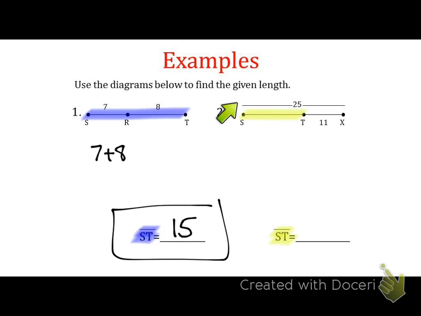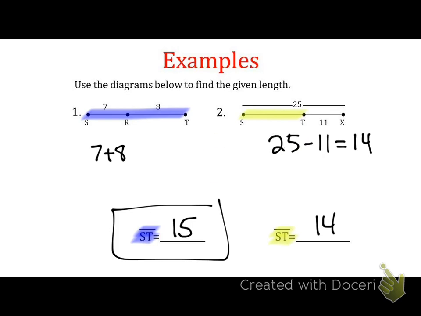Just make up numbers? No. The whole thing is 25. This little piece is 11. So how could I find this one? Subtract. The two little ones add together to give me 25, right? So I can just do it in reverse. 25 minus 11, that gives me 14. That's the way I would do it.